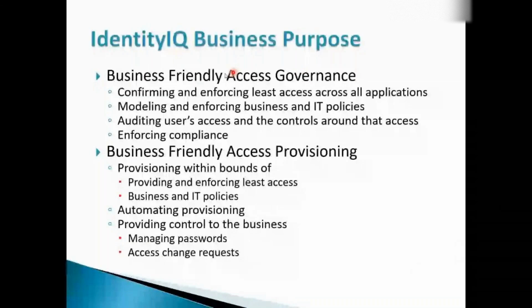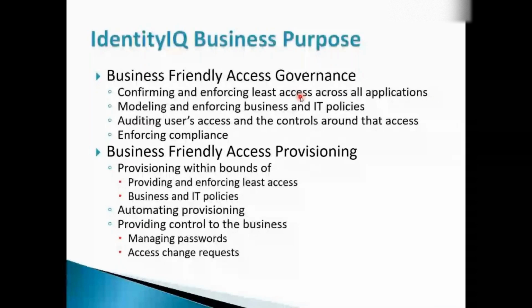We can confirm and enforce least access across all the applications. That means SailPoint IdentityIQ ensures that if a user has access to some applications, those are the least access required by the user. If some high privilege accesses are there, SailPoint IdentityIQ itself notifies that, hey boss, this is a high privilege access, you should stop it.